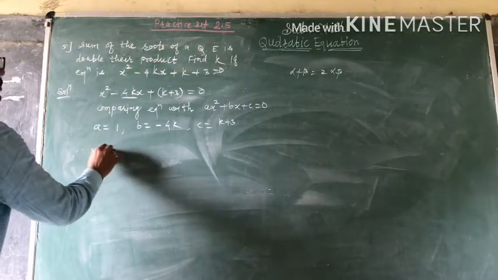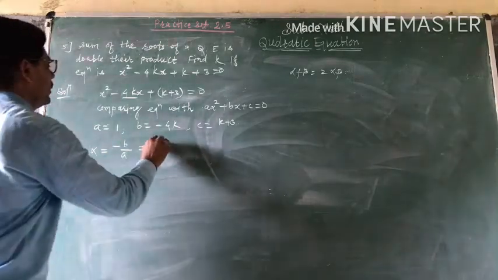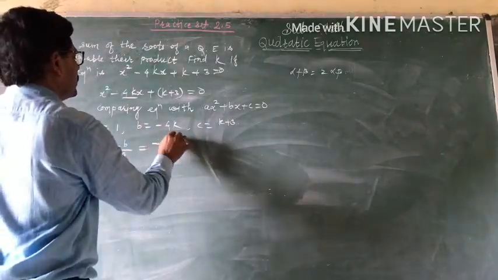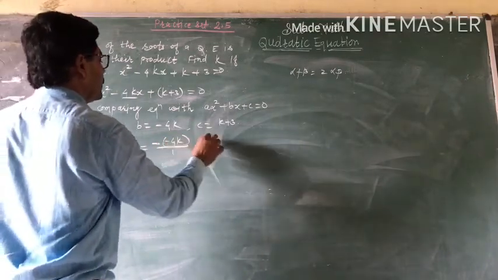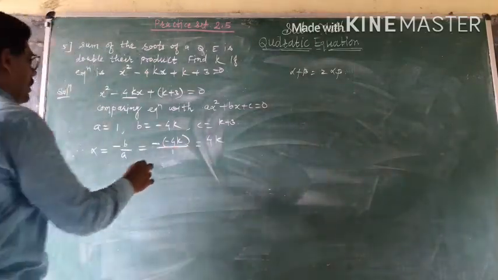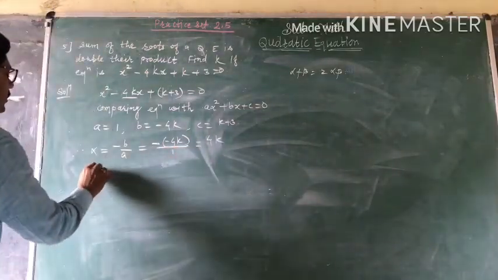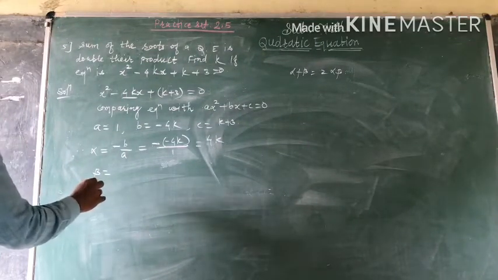Therefore, alpha is equal to minus b upon a, and this is equal to minus minus 4k upon a is 1. Therefore, plus 4k is the value of alpha, and what is beta?